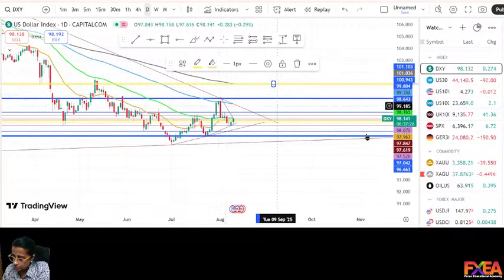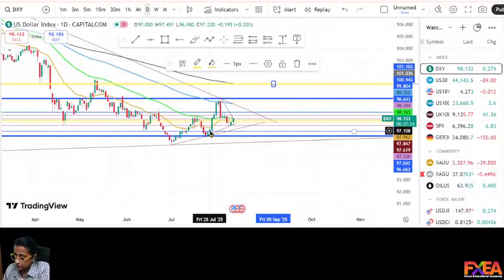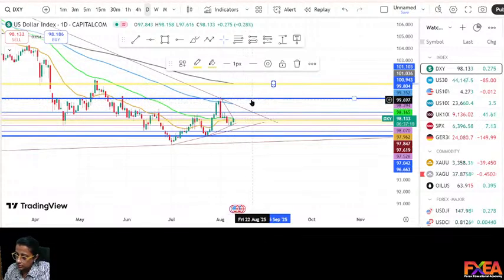There's a chance, but it can happen overnight, we don't know. Let us see, it has to cross this level.